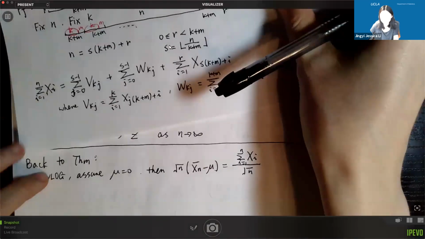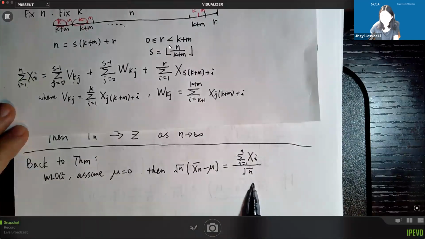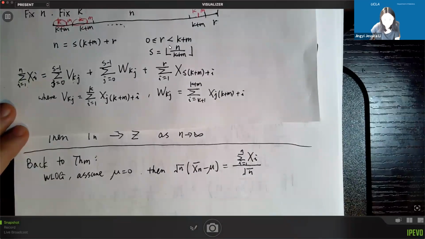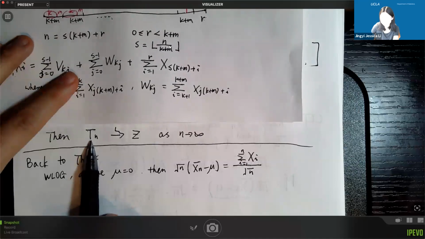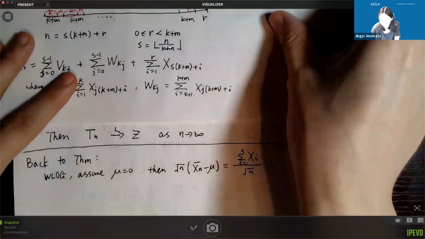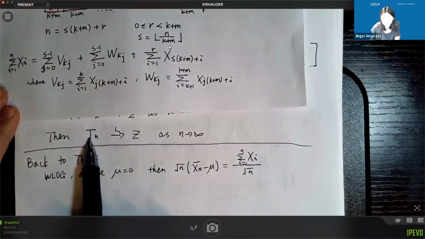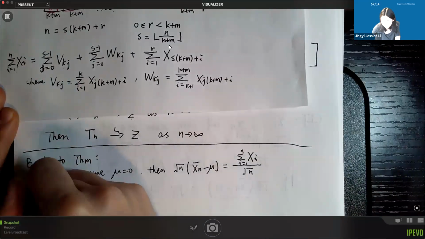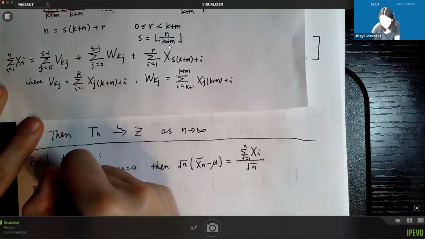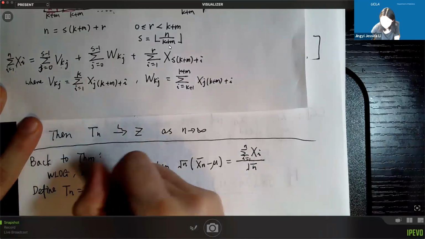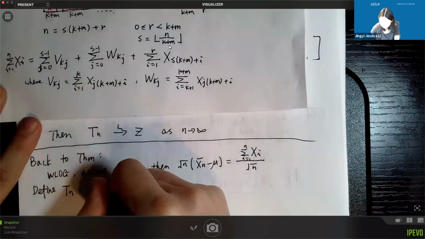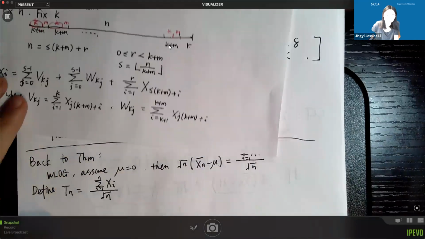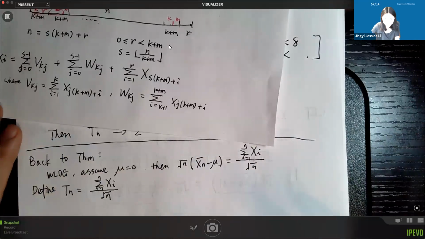This is something I want to prove the asymptotic distribution for. That's the target, my T_n. So I define T_n to be equal to the summation of X_i, i from 1 to n, over root n. That's my T_n and my target.